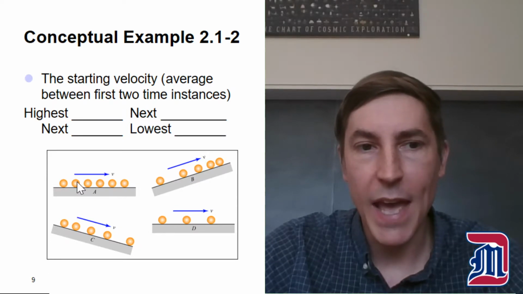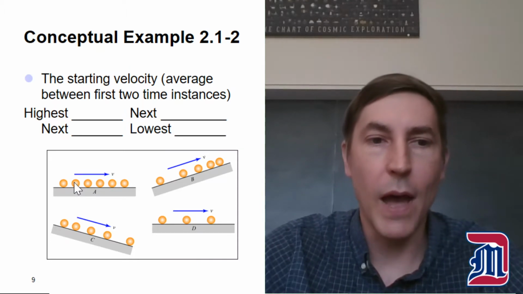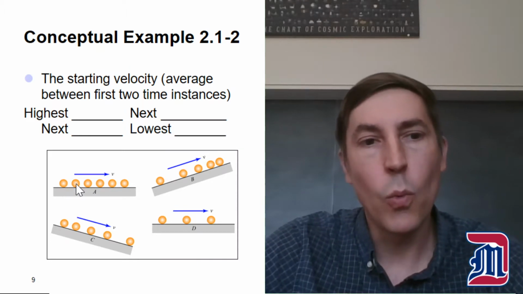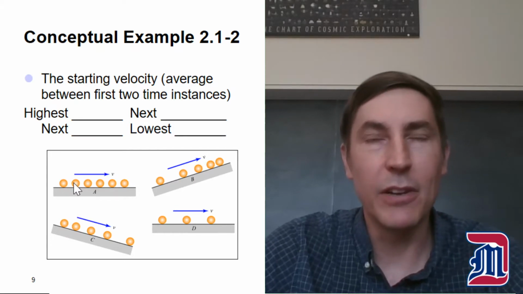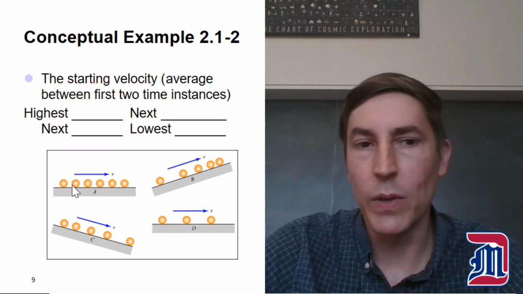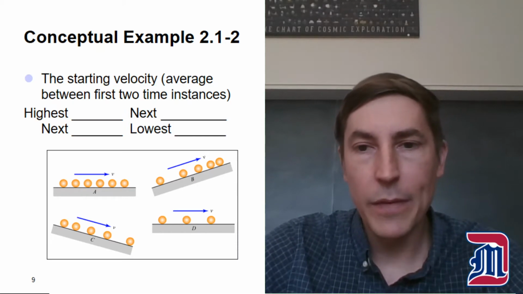I know the delta S in that delta T time. So I can gauge what the average velocity was between those time instances, even if I don't know what it was doing in between the two snapshots. So go ahead and think about that problem.